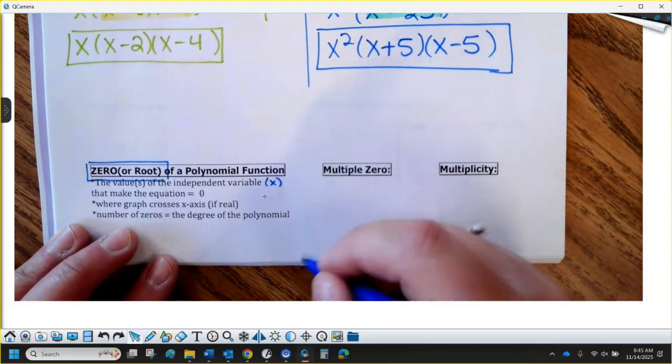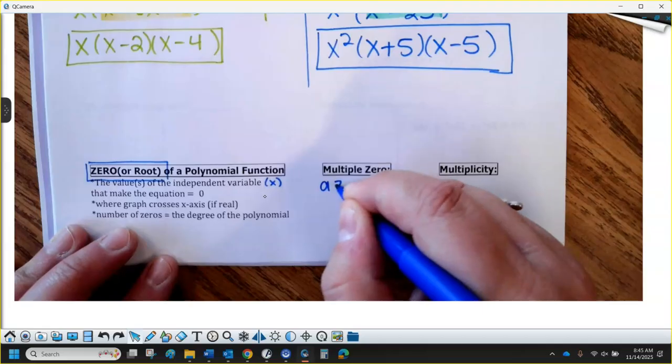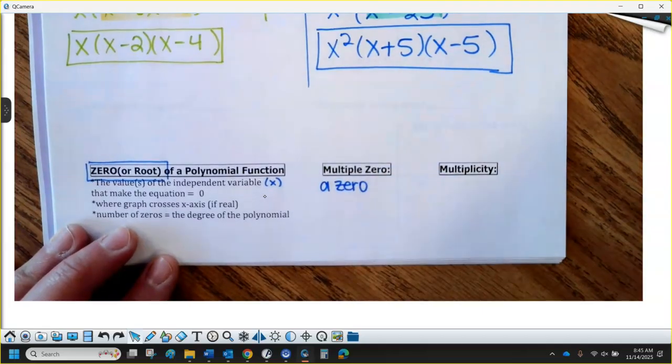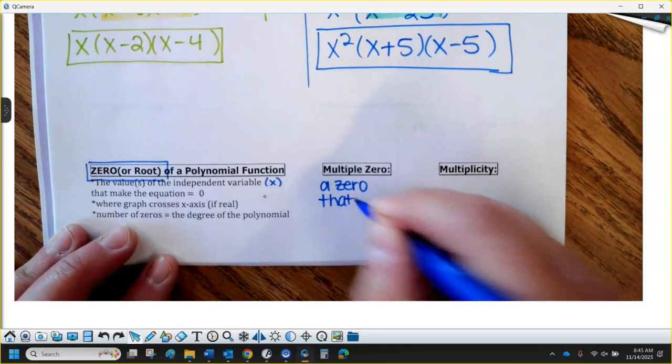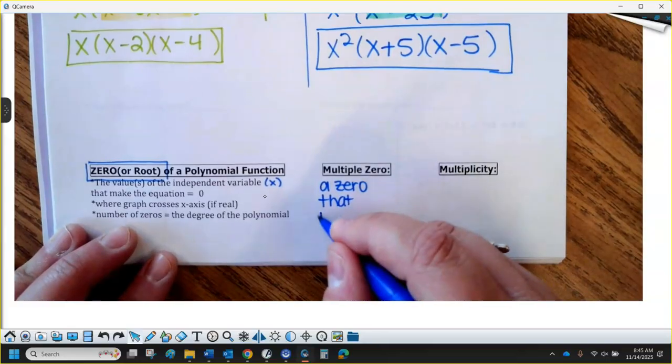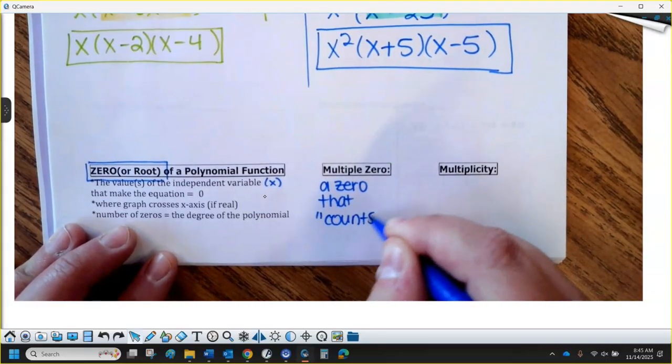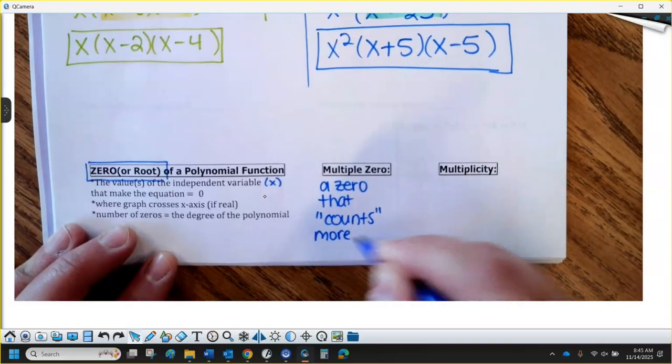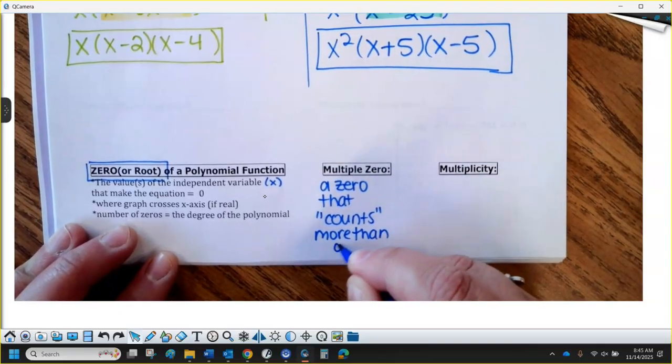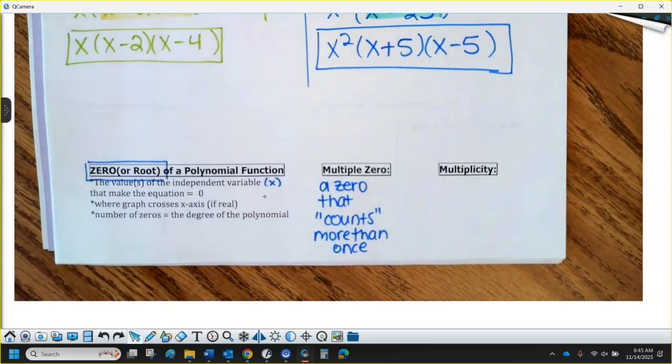So I'm going to write down a multiple 0 is a solution or a root or a 0 that counts more than once. This is not a technical definition, but this is how I'm going to explain it. We're going to define that on the back better, but basically, if the number of zeros has to add up to your degree, there are some situations where you'd have a 0 that counts as more than 1.